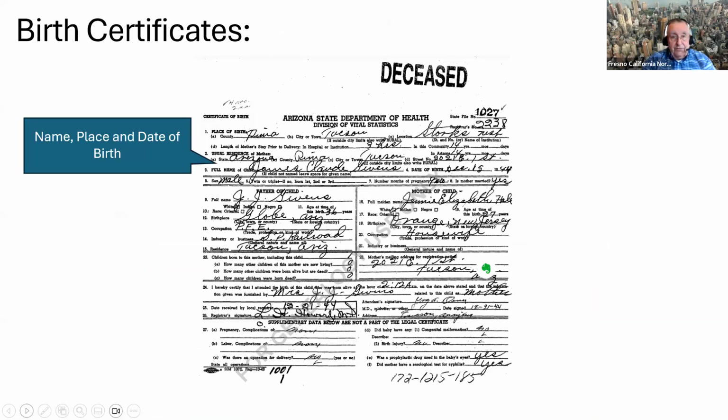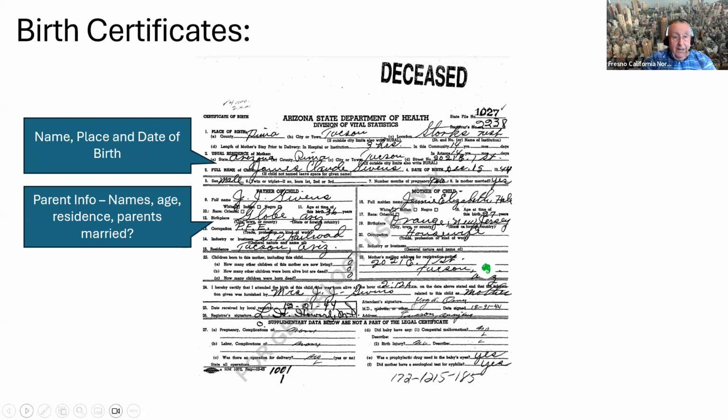So birth certificates often cover the name, the place, and date of birth for the person. This happens to be my older brother, who died shortly after he was born. That's why it's stamped deceased. It shows parent information. Oftentimes you'll see their names.